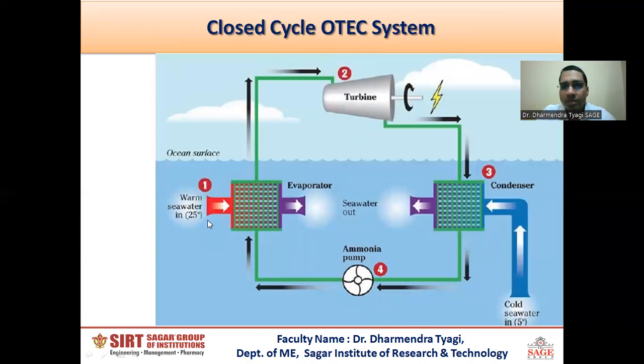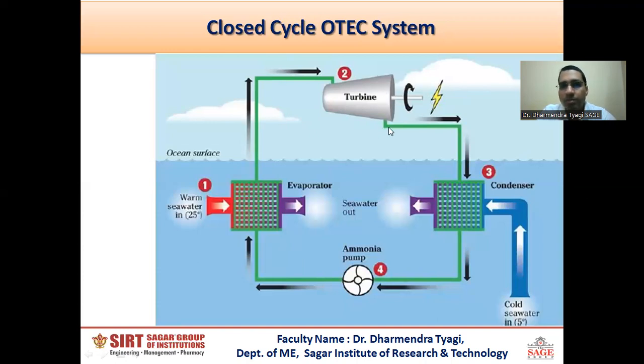Here first you can see the warm water is taken from the ocean surface into the evaporator to evaporate the ammonia fluid, and this ammonia is evaporated and converted into vapor. This vapor is circulated to the vapor turbine, which is coupled with the generator to produce electricity.